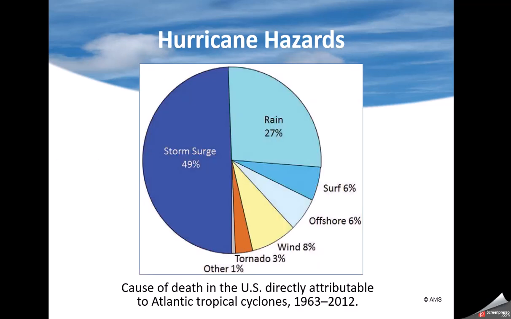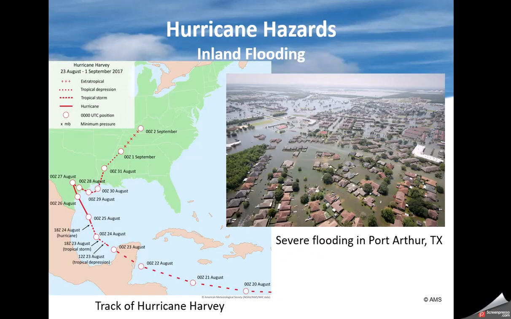Interestingly, the worst thing in a hurricane, and we saw this in Ian, is the storm surge. People don't realize how devastating these are. Rain is the next. So it isn't the wind that's killing you. It's the rain and the storm surge. You can see all the flooding here in Port Arthur, Texas from this storm, Hurricane Harvey.